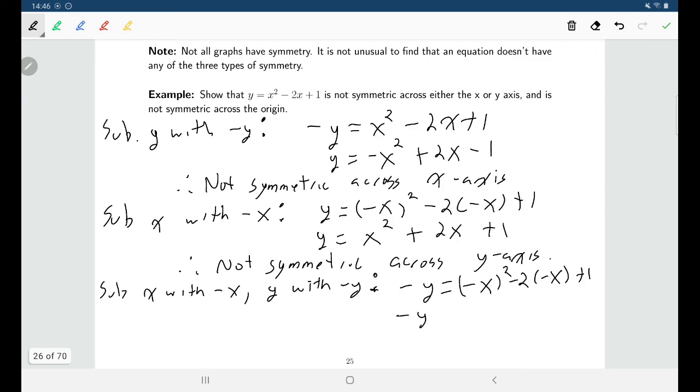And if I simplify that, I have negative y equals x squared plus 2x plus 1, which you can see is not the same thing as the original equation, and there's nothing that I could really do to turn this into the original equation. Even if I multiplied everybody by negative 1 to make this a positive y, then the right side would not be the same thing as the original equation. So since substituting x with a negative x and a y with a negative y did not give me the original equation back, this is not symmetric about the origin.